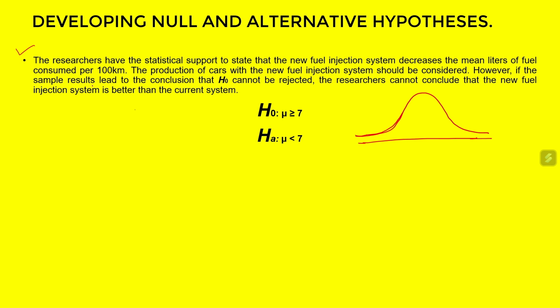However, if the sample results lead to the conclusion that H0 cannot be rejected, the researchers cannot conclude that the new fuel injection system is better than the current system. Okay, so in this case, it is saying that the researchers are claiming that the new fuel injection system will be lesser than 7.